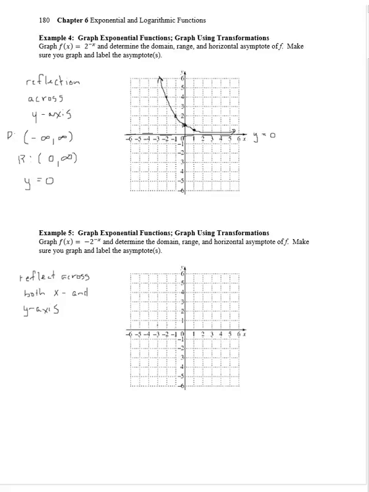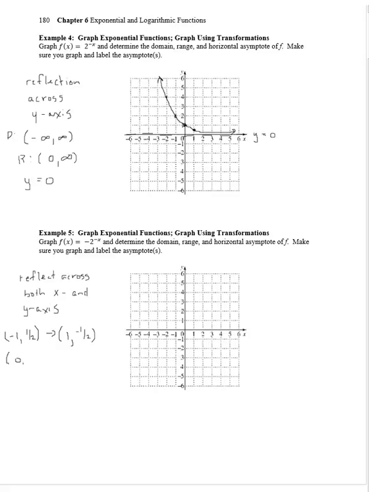So that means our point -1, 1/2 becomes, reflecting across the y-axis gives us a +1, and reflecting across the x-axis gives us a -1/2.